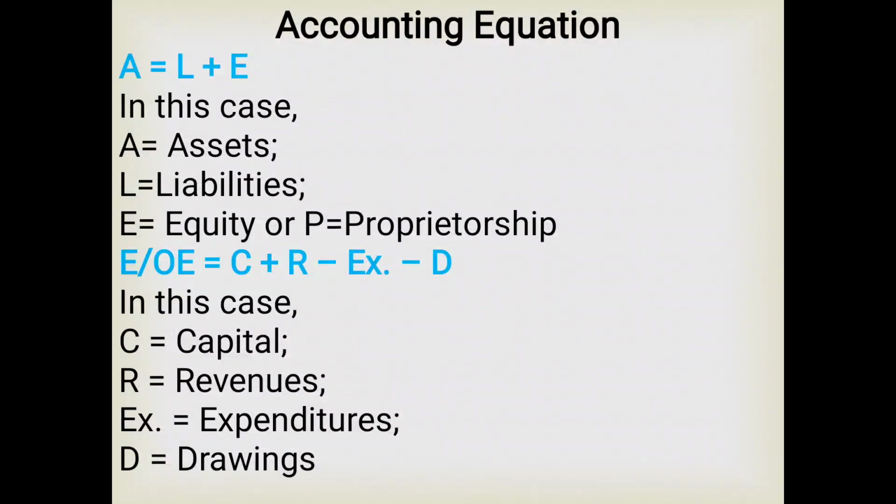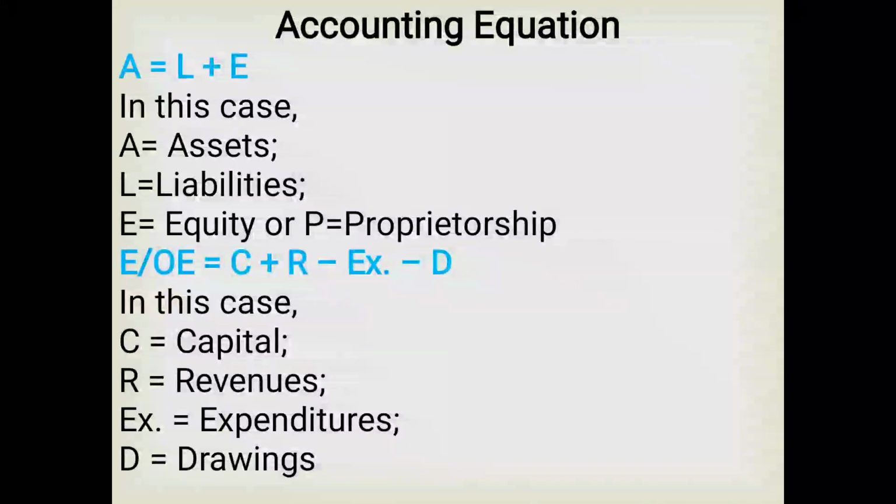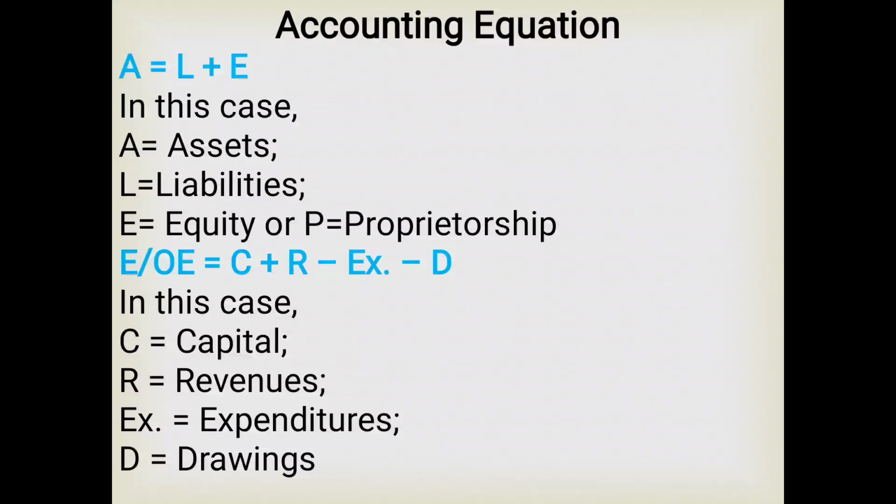You know the accounting equation: A equals L plus E, that is, assets equal liabilities plus equity. Another important equation: equity, or owner's equity, equals C plus R minus E minus D, that is, equity equals capital plus revenues minus expenses minus drawings.